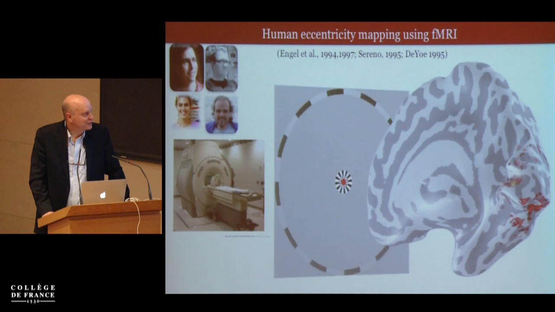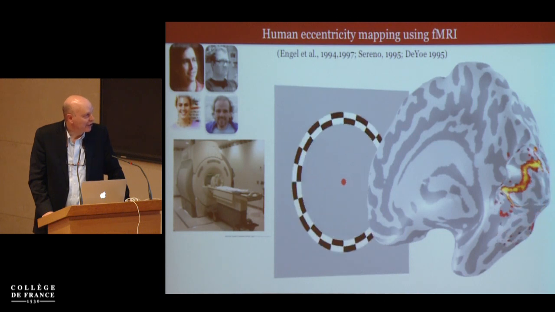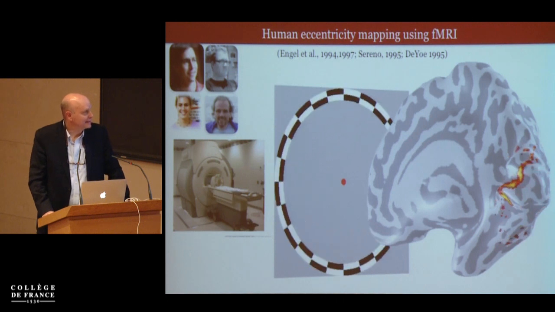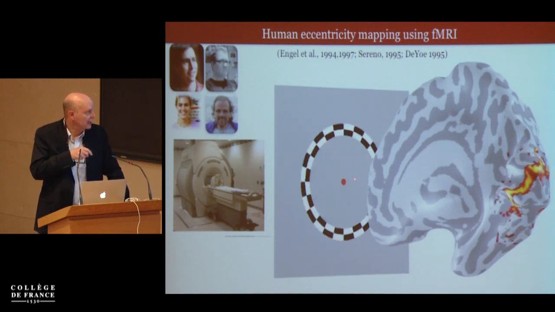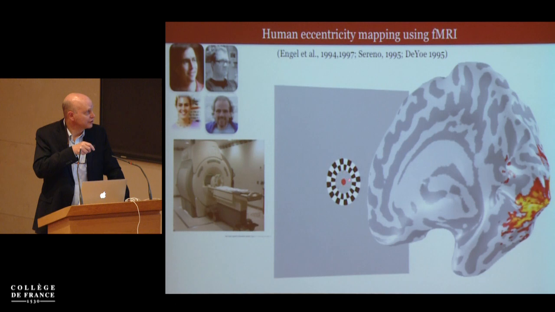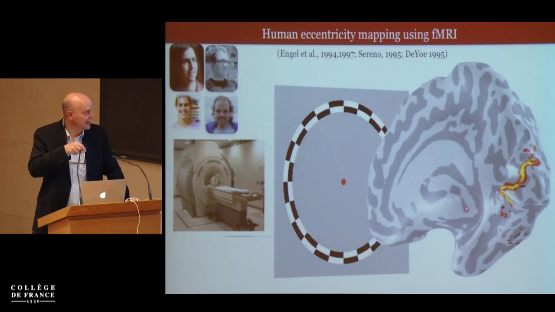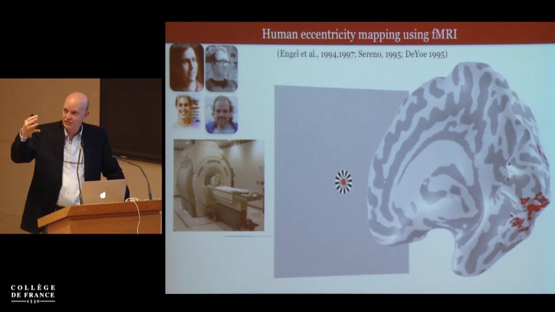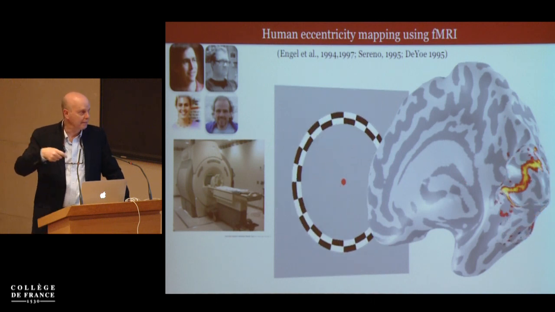So the early experiments that Steve Engel, Marty Sereno, Roger Tootell, Peter Bandettini, and a number of us started developing were shown here. I'll use this idea a lot as we go forward. Here's the right hemisphere of a human brain, and we've segmented out the gray matter from the white matter.